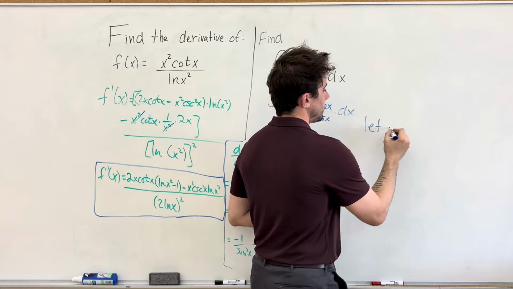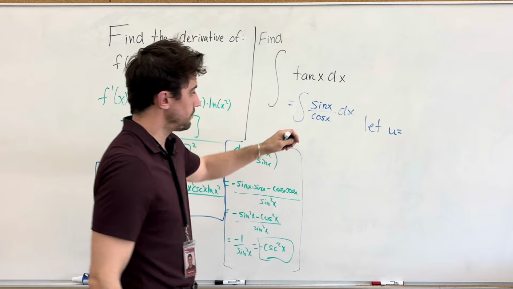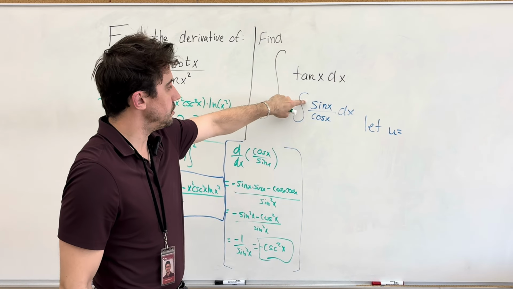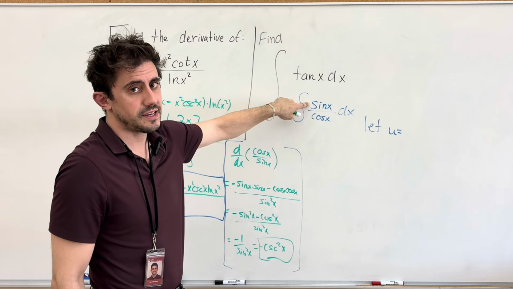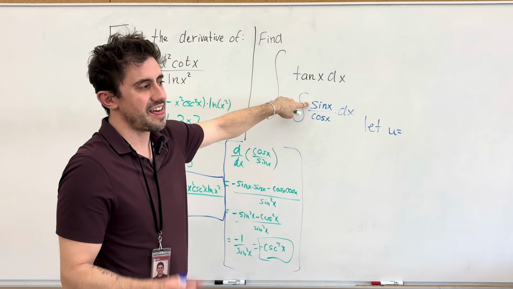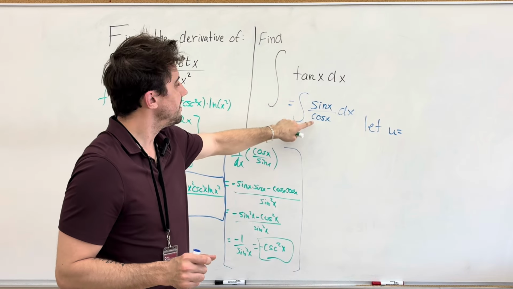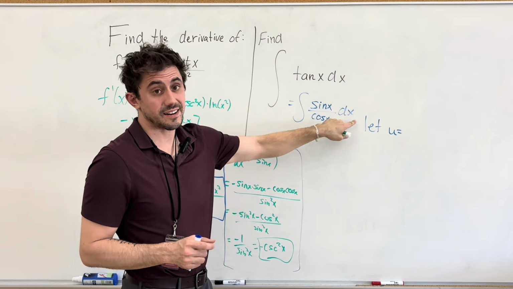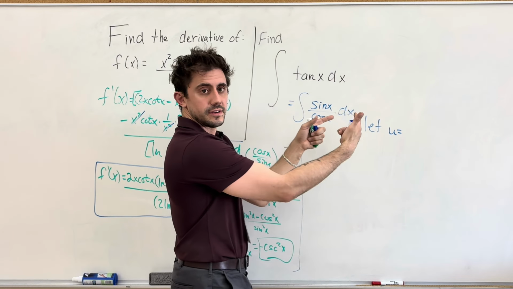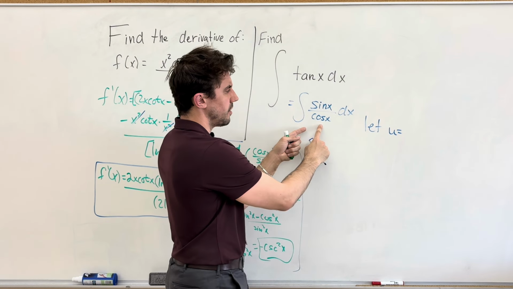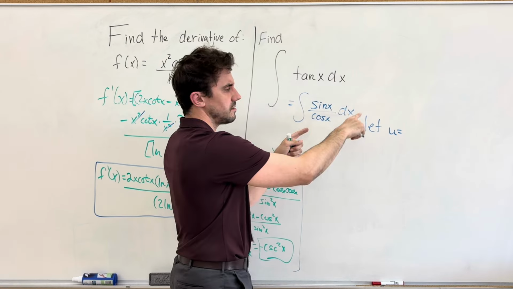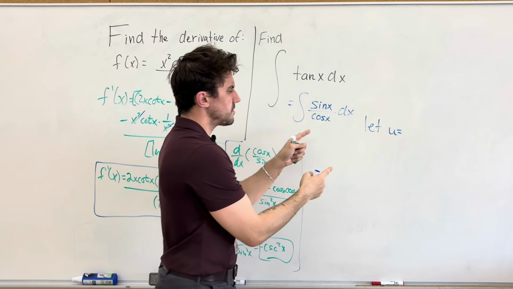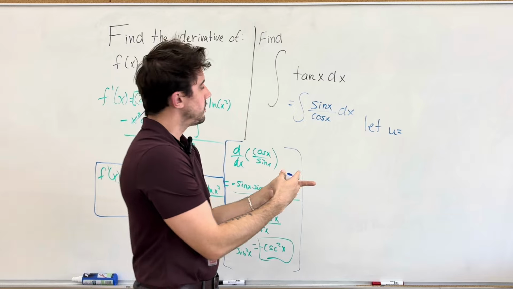If u is sine x, then the derivative is cos x dx, but that's not going to appear the way we want, because the cos x is in the denominator and the dx is in the numerator, so that's not going to work well at all.